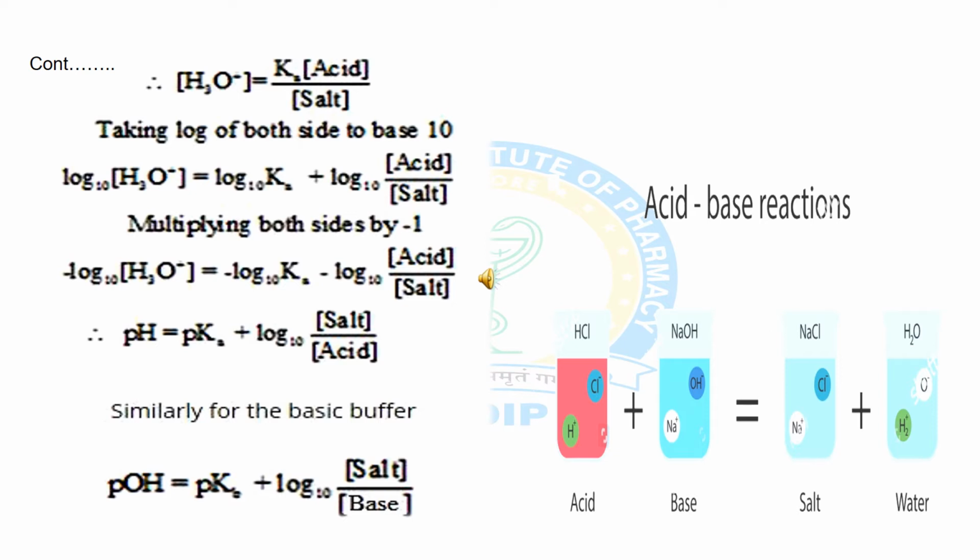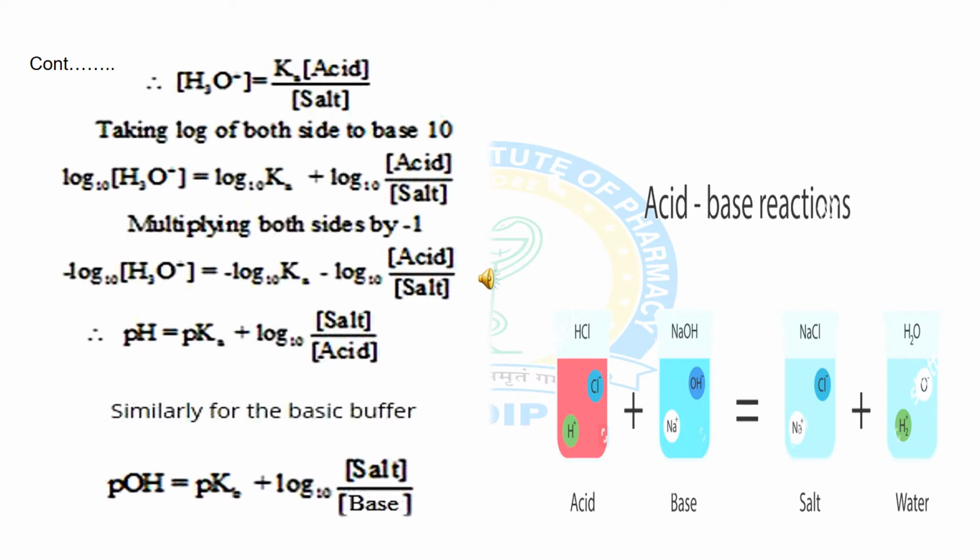Multiplying both sides by -1, the equation becomes minus log hydronium ion concentration equals minus log Ka minus log to the base 10 of acid upon salt.